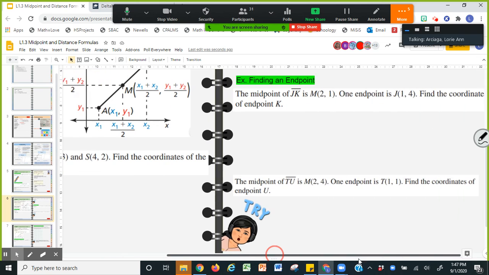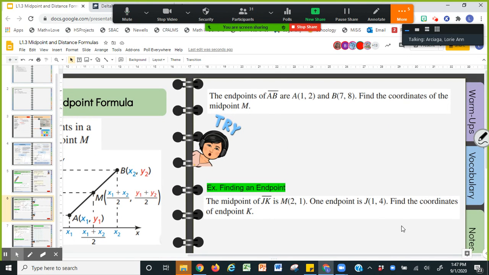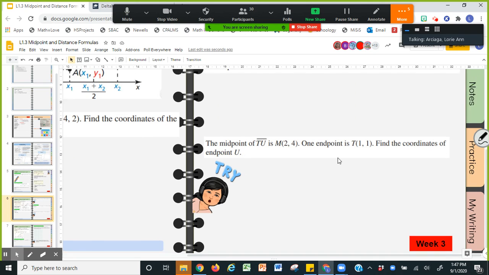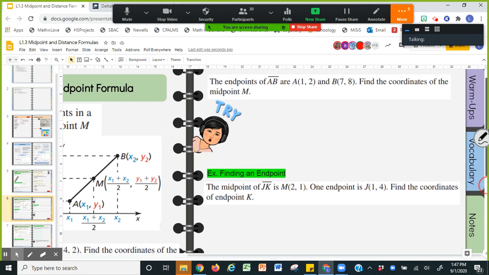Go to the page where you have to try over here. Just try this, not the one at the bottom, but the one on top. Okay, here you go. What do you think is the answer to this? So find the midpoint. We're going to add, what's the partner of 1?